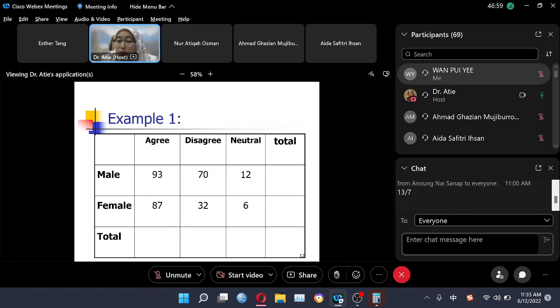Just add one more column and one more row for total. Can you please do it now? Okay, Aiman.